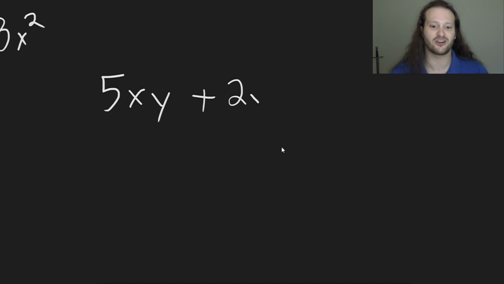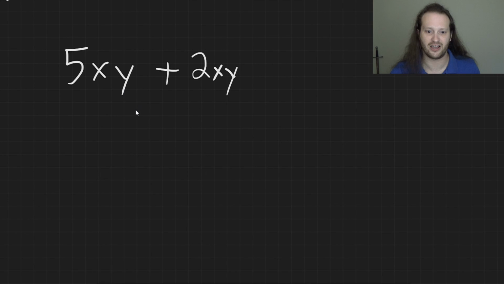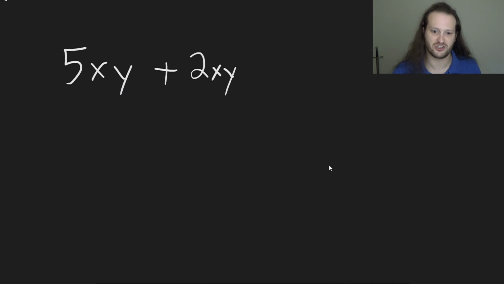When it comes to the letters that we choose for the variables, we write them in alphabetical order, just so everyone knows how to organize these multivariable terms, because since multiplication is commutative, we can organize them any way we want, so why not just do something that's familiar to us, which is the alphabet. So this would be 7xy.